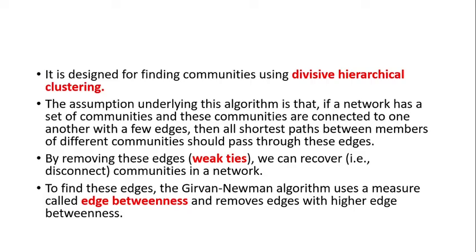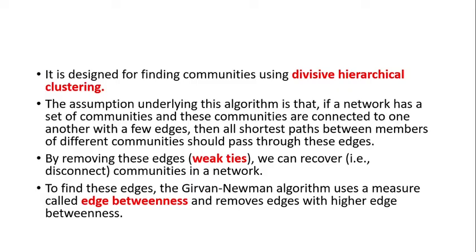That means if the shortest path between any two nodes inside the graph passes through a particular edge, then that edge will have a lot of significance, and based on that this Girvan-Newman algorithm has been established.